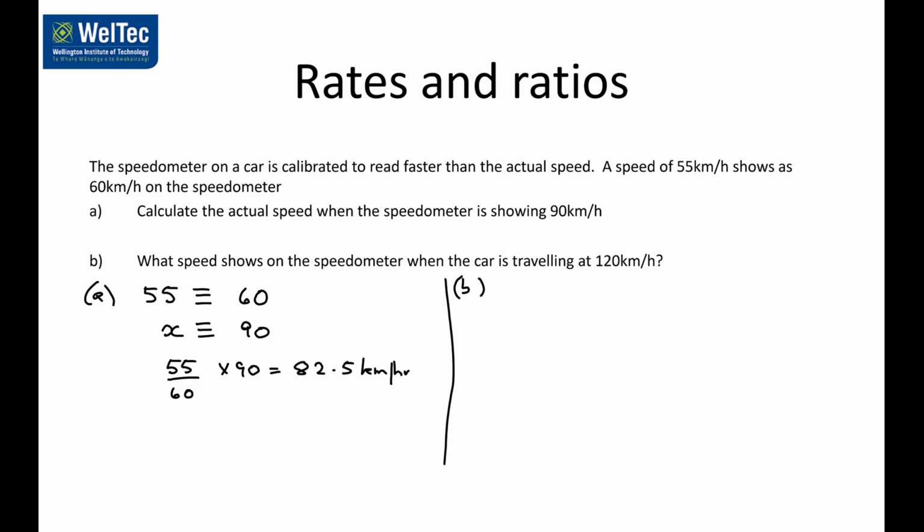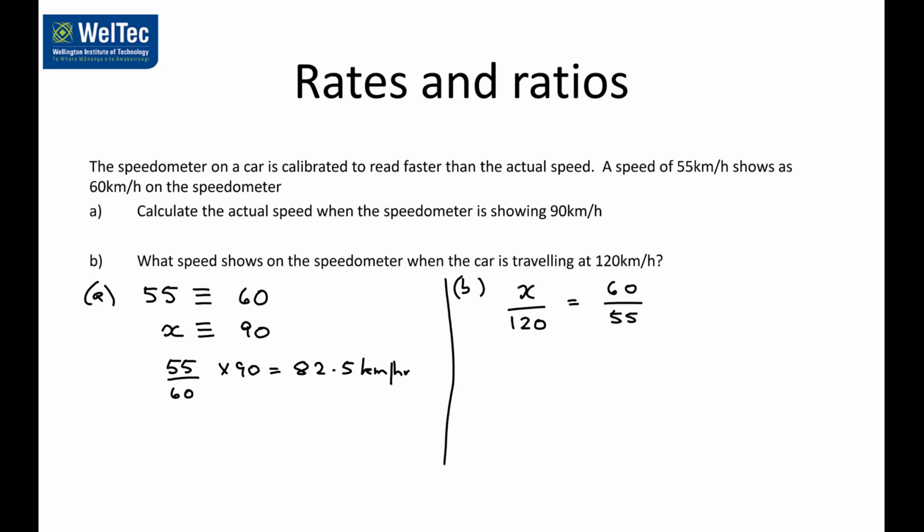What speed shows when the car is travelling at 120? Okay, let's use the same proportions. This time it's going to be sort of the other way around. We actually want our speed to be larger than 120. So x is going to be larger than 120. So we could look at the fractions. X over 120 is equal to 60 over 55.